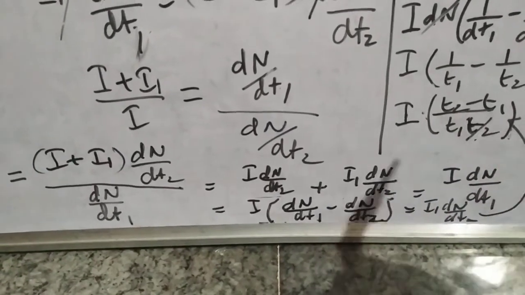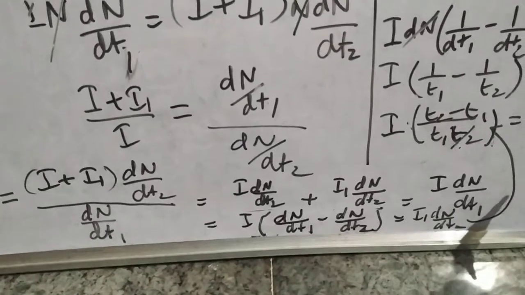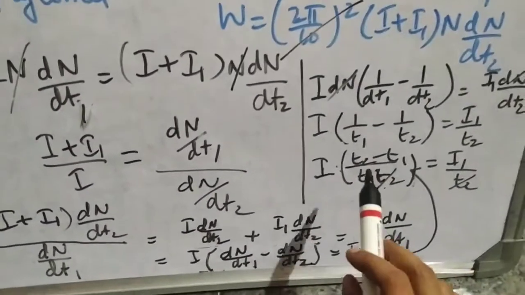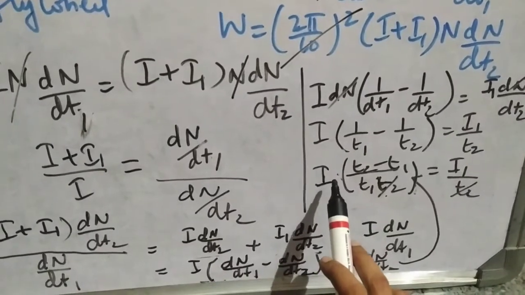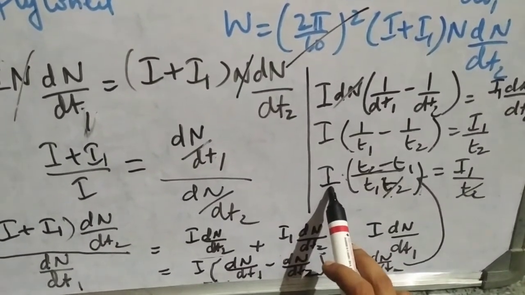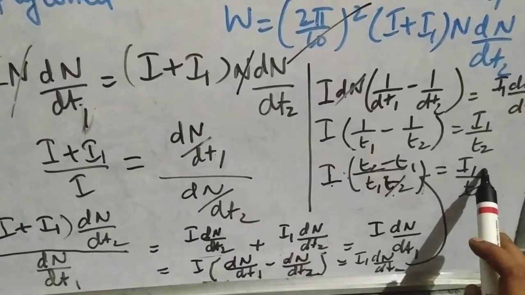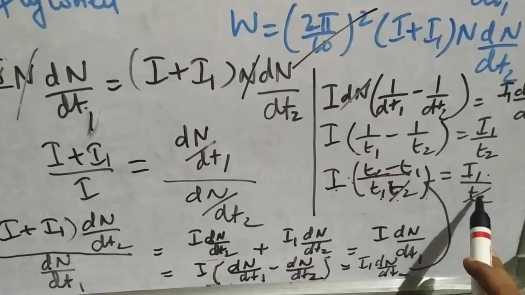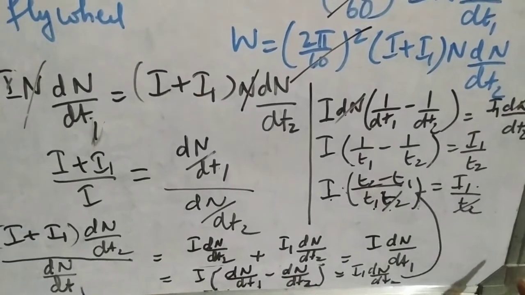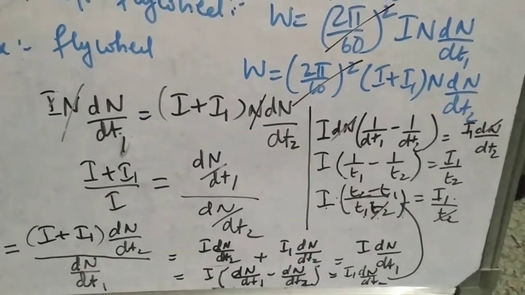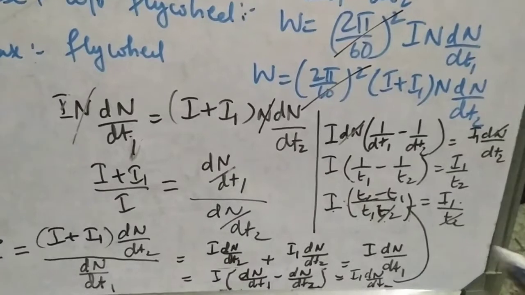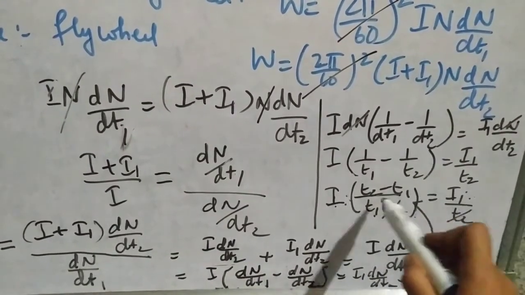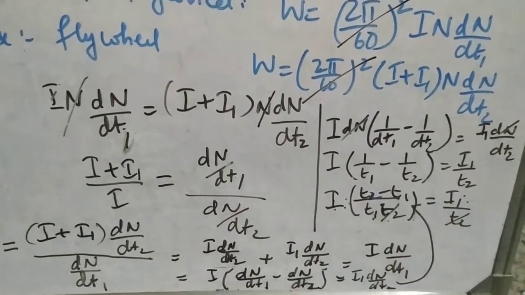Therefore, what will be the I expression? So I expression will be equal to I1 into t1 divided by t2 minus t1. Therefore, I is equal to I1 into t1 divided by t2 minus t1.